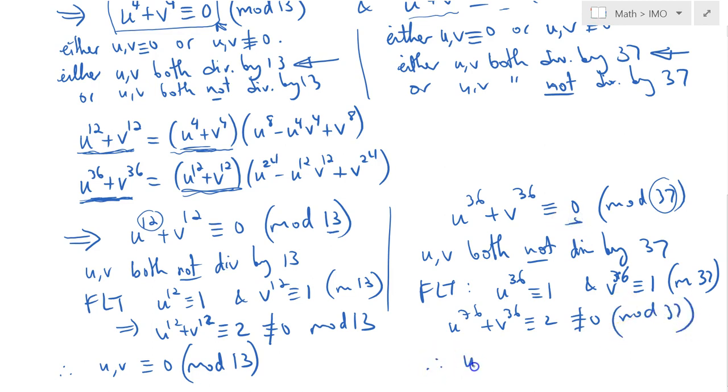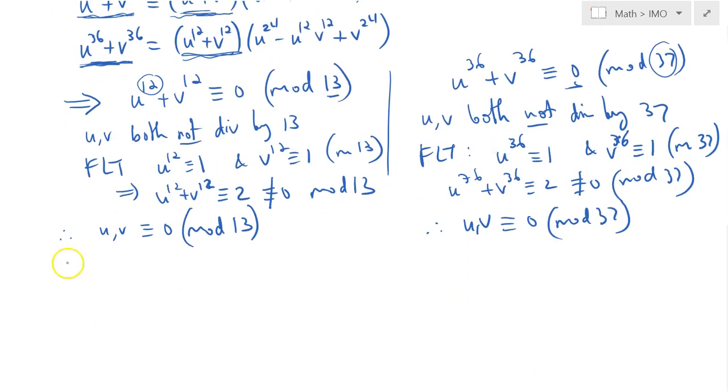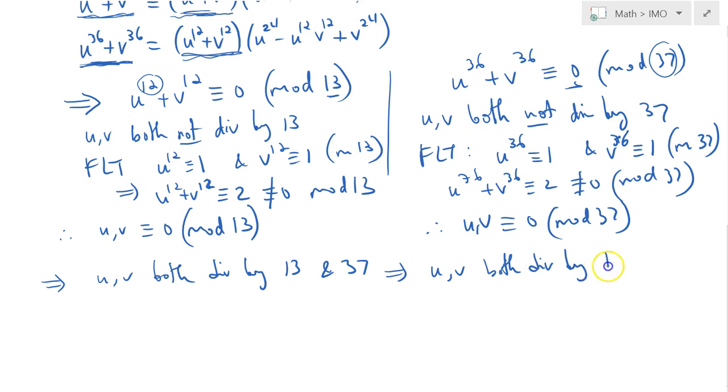So therefore, u and v are both congruent to 0 mod 37 as well, so they are both divisible by 37. So now this implies that u and v are both divisible by 13 and 37, implying that u and v are both divisible by 13 times 37.